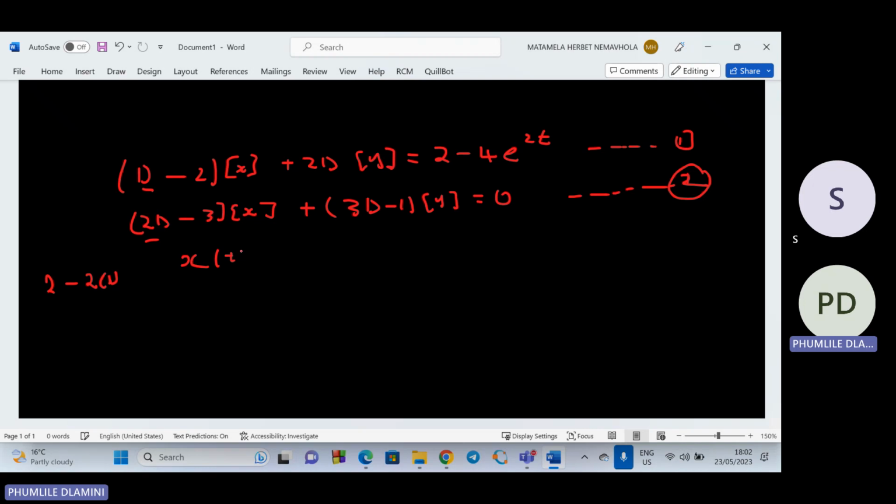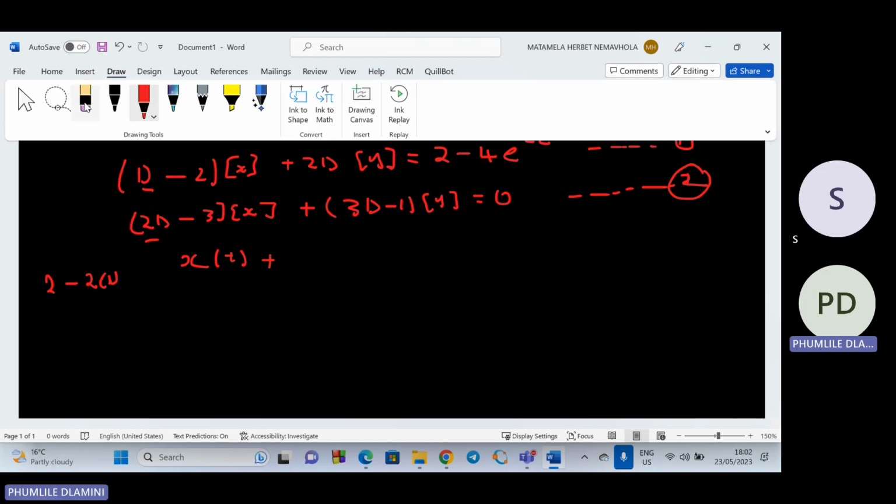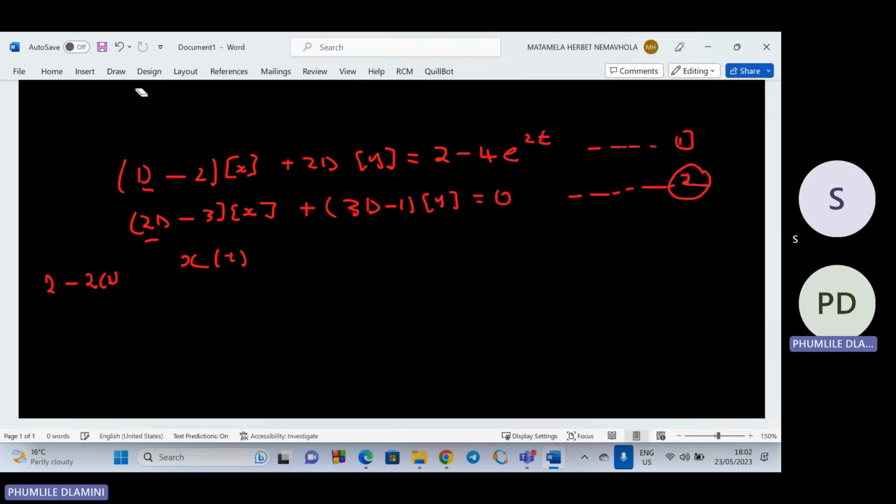We're going to be left with x of t, then plus, here if we take this equation, 3d minus 3d minus 4 is going to be minus d, which we're going to change to minus here.